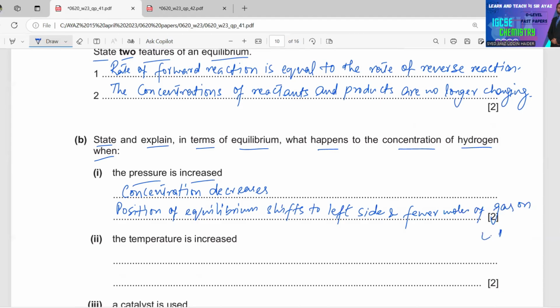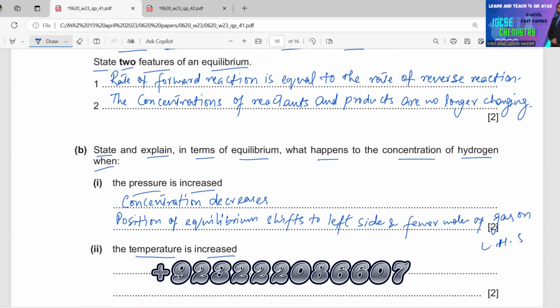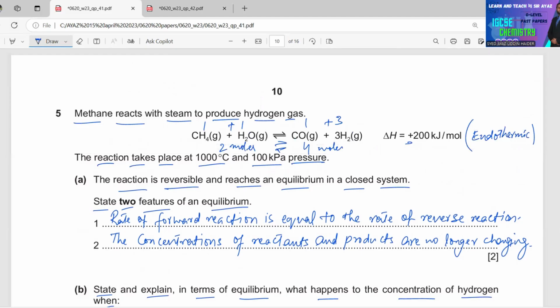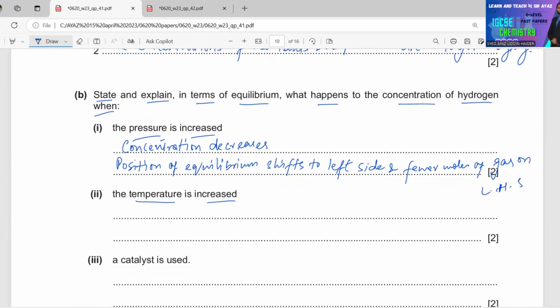Now, what will happen if you increase the temperature? Temperature increase will shift the equilibrium to the side which is endothermic. So forward is endothermic. So definitely it will move to the right hand side. They're asking now what happened to the concentration of hydrogen. So your concentration increases.